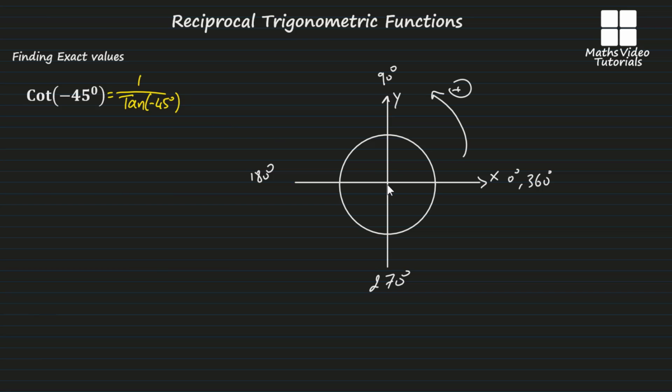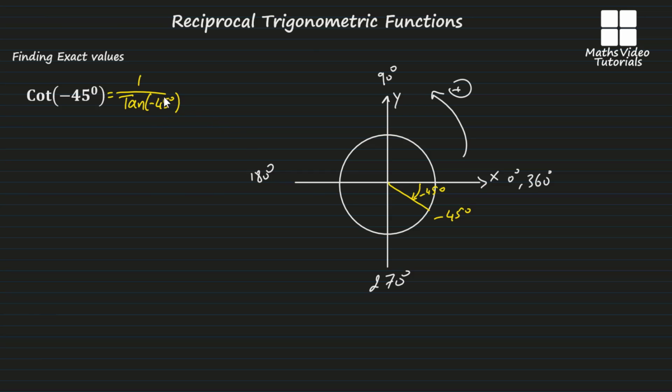Next, we need to position our angle. It is negative 45, so we need to go this way, opposite the positive direction of trig angles. So it's going to be somewhere here. You always start from the positive x-axis. So this is our angle, negative 45.